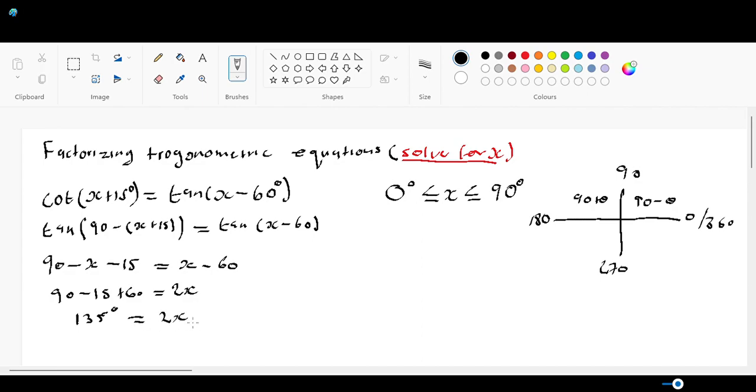And then we have 2x here, so we just divide by 2 throughout, so this is going to give us 67.5 degrees, and that is going to be x. So this is how you solve this one, guys. This is how you solve this one here.